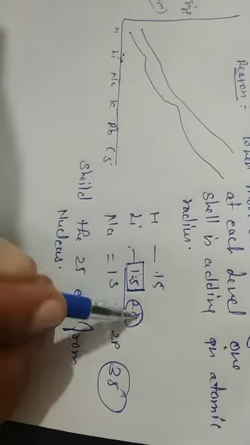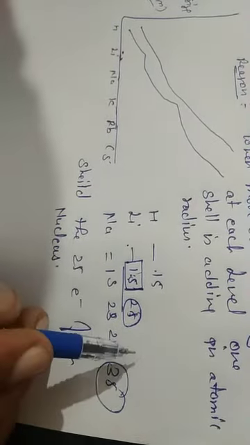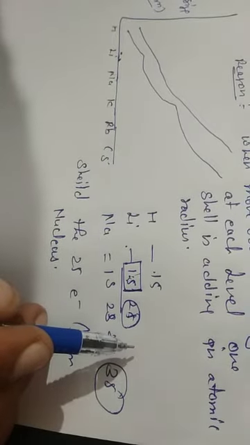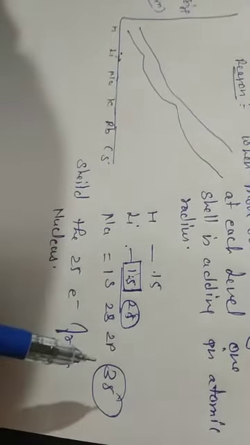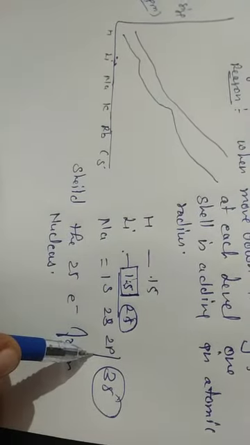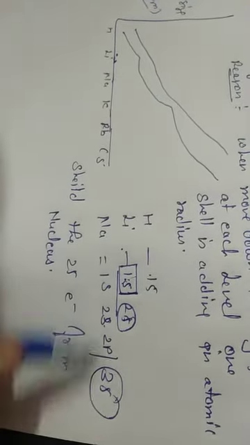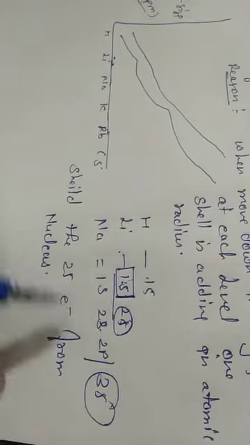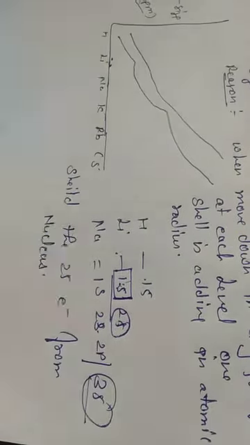It properly shields the 2s shell. That's why the 2s shell becomes a little bit distant from the nucleus, and that's why atomic size goes on increasing. Again, if you move to sodium, 2s, 2p become completely filled, meaning stable. So they properly shield the outer electrons. So that's why the atomic size increases.